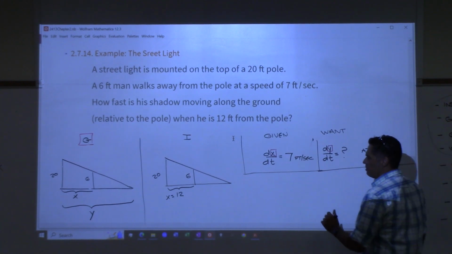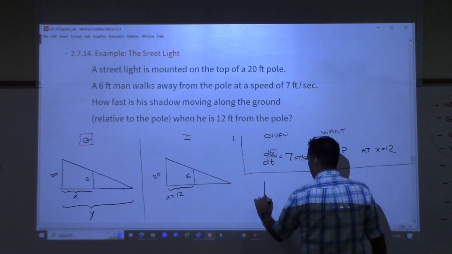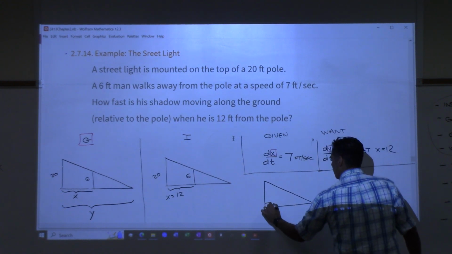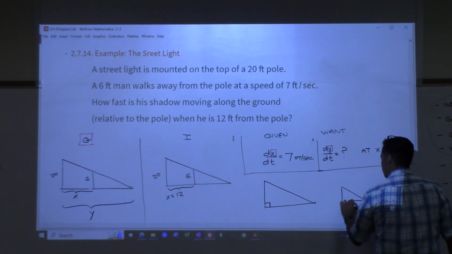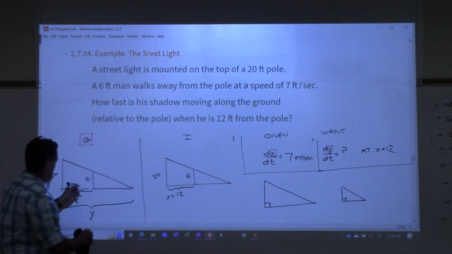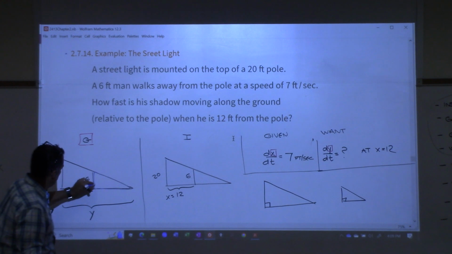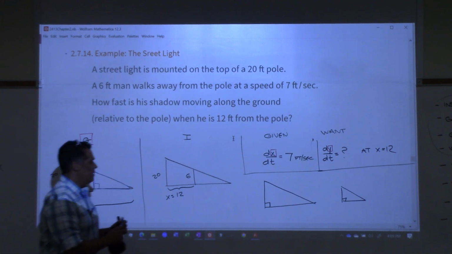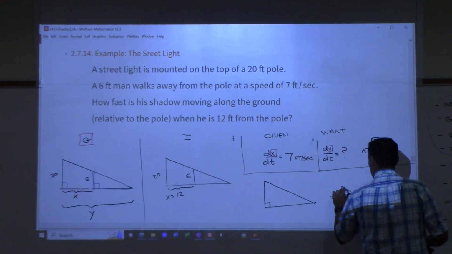So how about this? This is the hard part of the problem, I think. You have to see two right triangles. There's two of them. There's this one, and then there's the bigger one. You see the two? Okay, so this one is the smaller one, all right?